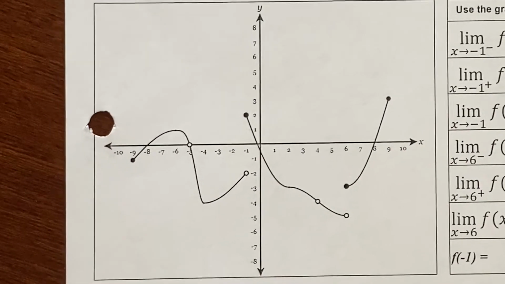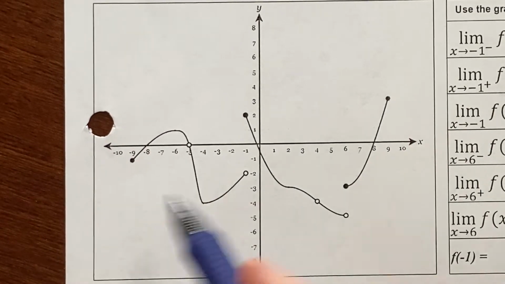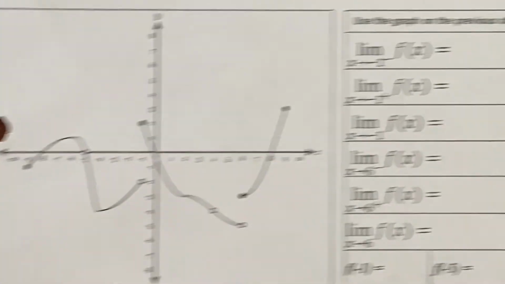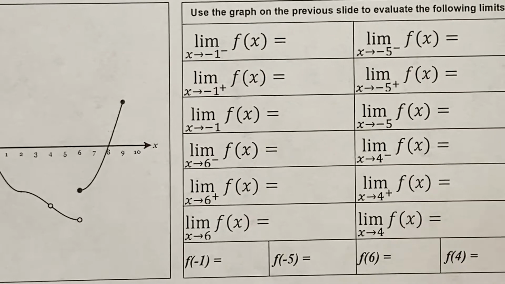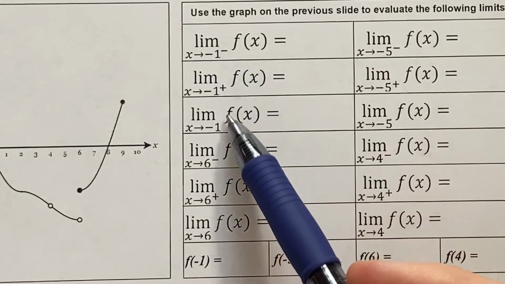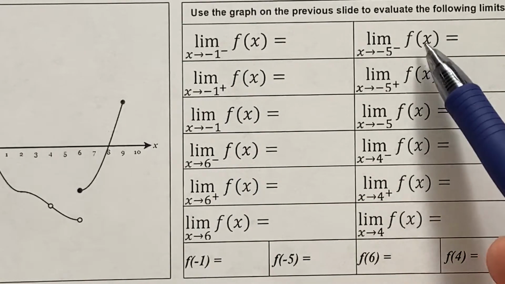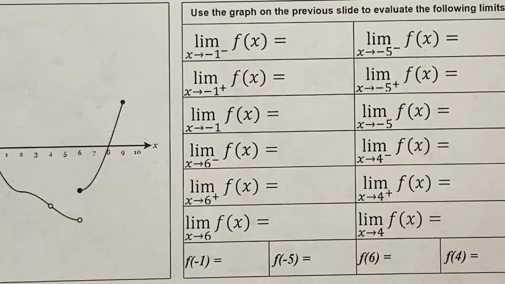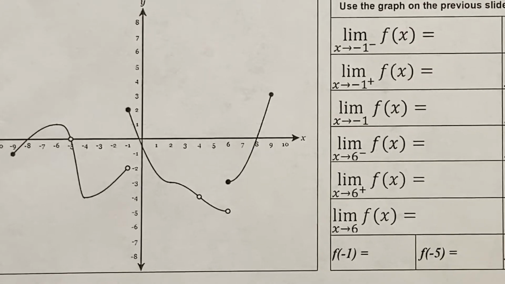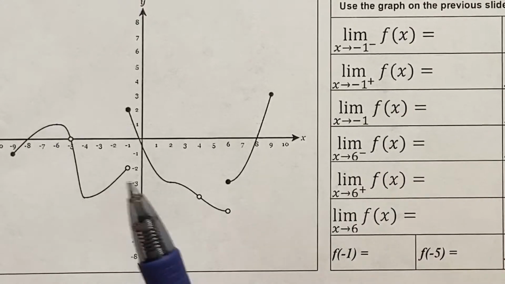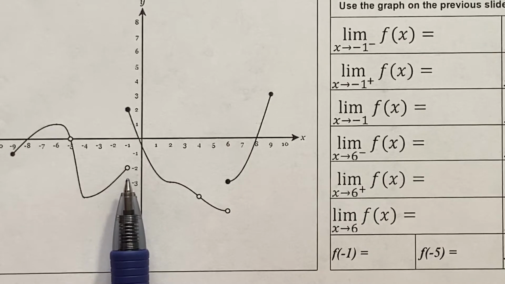Next. All right, we got this graph. We don't have the marks on this one, so we gotta do our best here. All right, we got -1 from the left and the right. We got 6 left and right, -5, and 4 from the left and right. All right, so the limit as x approaches -1, so we're looking at this -1 right here.